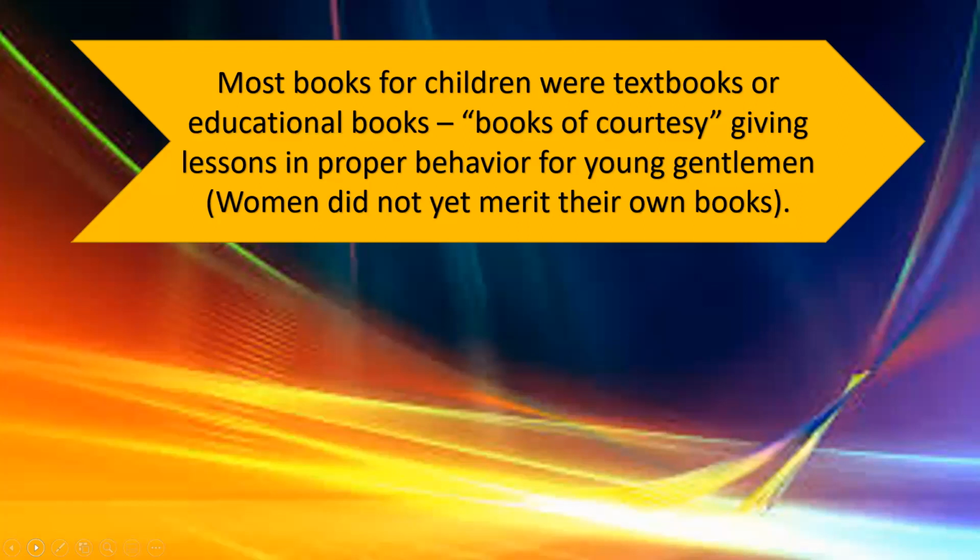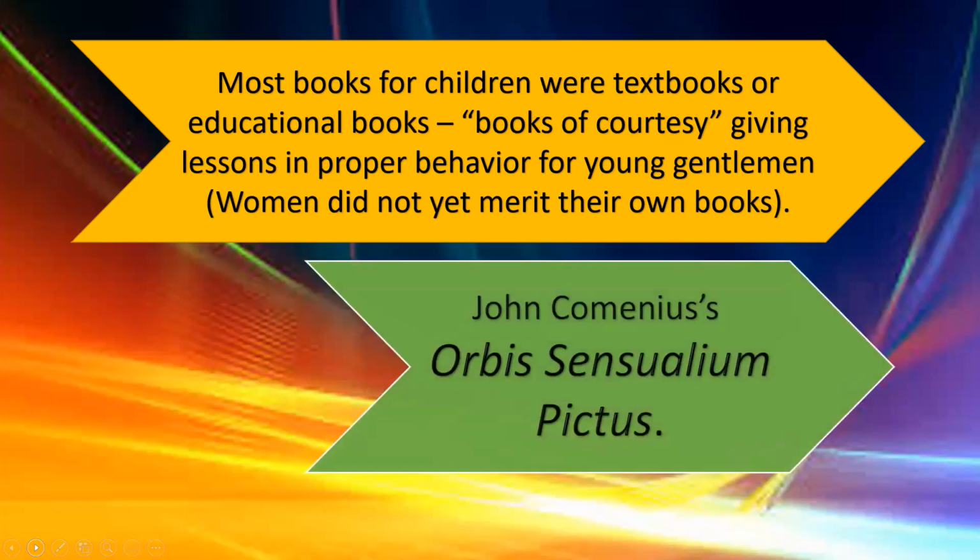And then, during the Renaissance period, nagkaroon na rin tayo nitong ginawa ni John Comenius, the Orbis Sensualium Pictus, or Orbis Pictus na alam natin. Right? So, this is the use of pictures. So, dito natin nakuha ang picture books na concept natin nowadays.